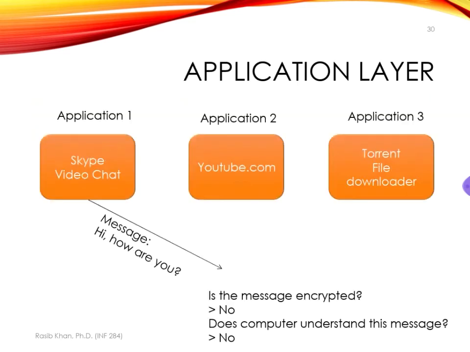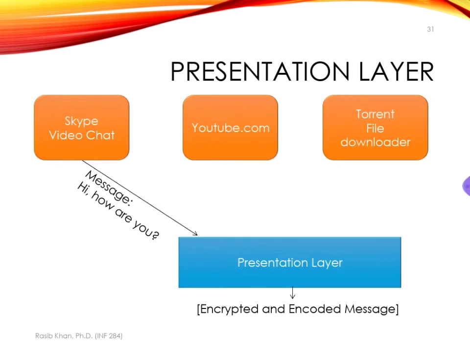Well, it's not encrypted if you consider the data that is being generated directly. Does the computer understand the message? Not exactly, because Skype is generating the data based on images and a combination of images to convert it into a video, but your computer does not understand how to transfer this exact video through the network to another host. That is when the presentation layer with respect to the OSI model comes into play.